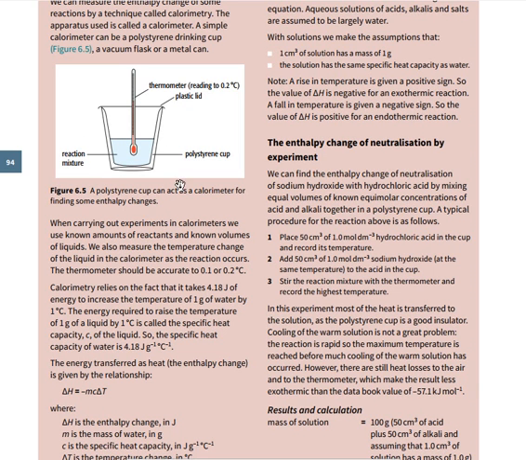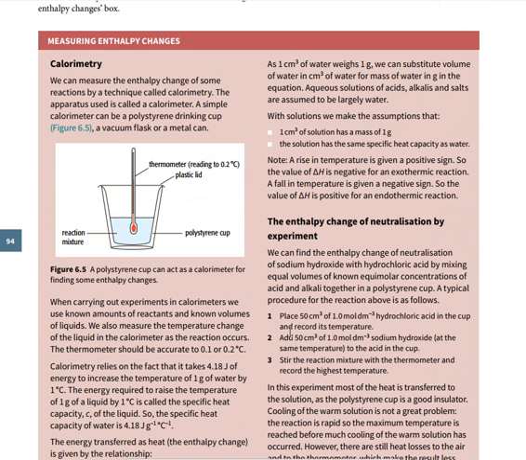The specific heat capacity c of water is 4,200 joules per kilogram per Kelvin. Now if you convert into grams, it's going to be 4.18 joules per gram per Kelvin, or per degree Celsius if you want. So these are the different things that are involved here for calorimetry.